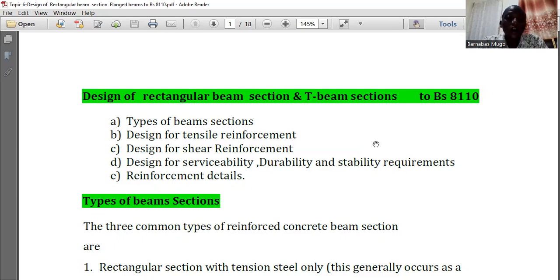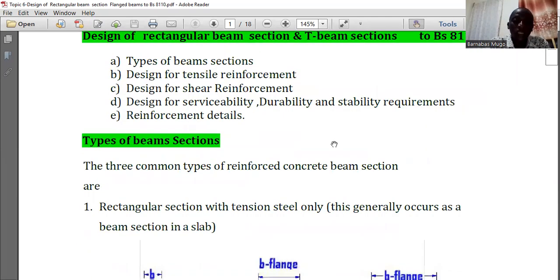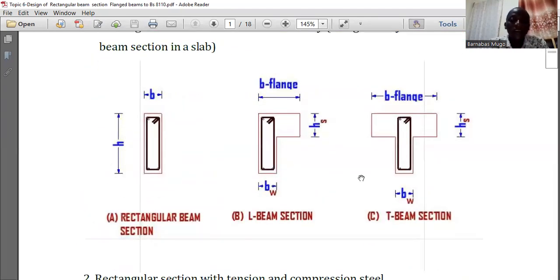And therefore, we are going to look at the types of beam section. We are going to see that we have the rectangular beam section, and also we have the L-beam. As you can see from diagram A, we have the rectangular beam section. Then we have the flange, the B flange, meaning that it is an L-beam section.